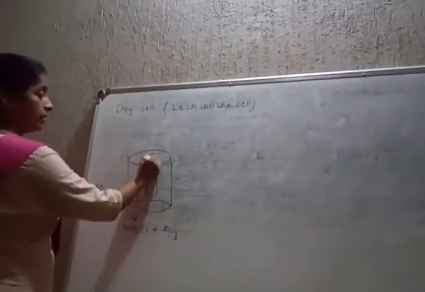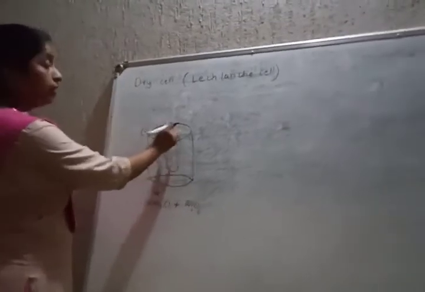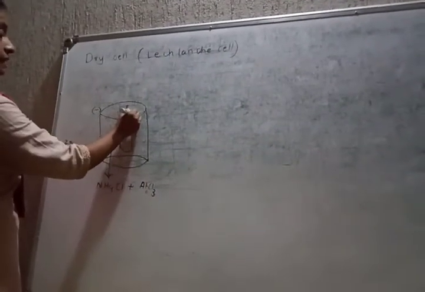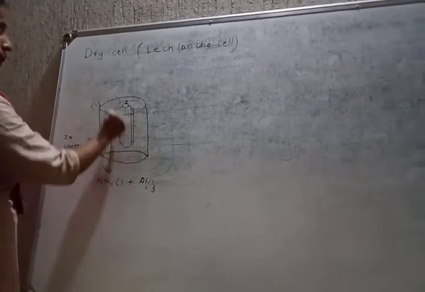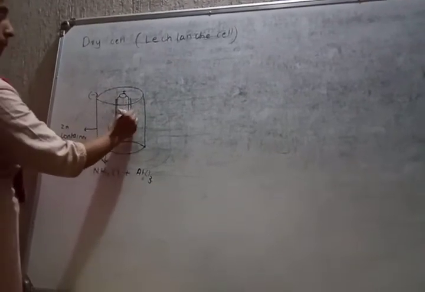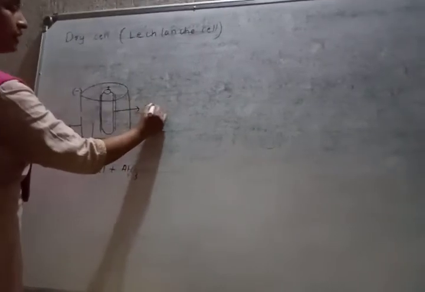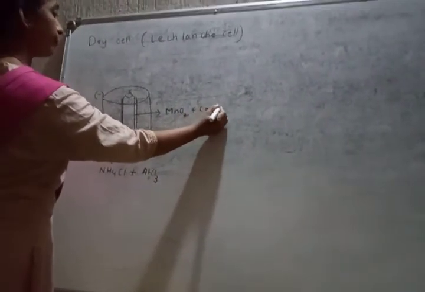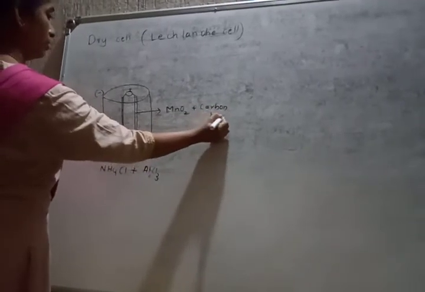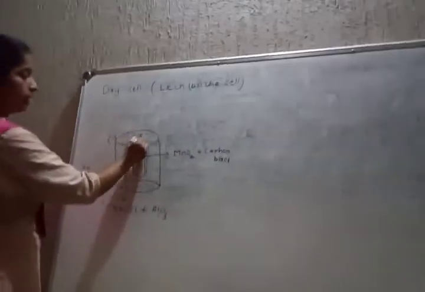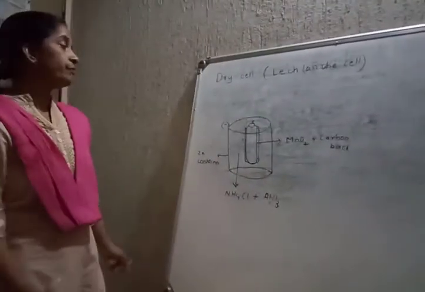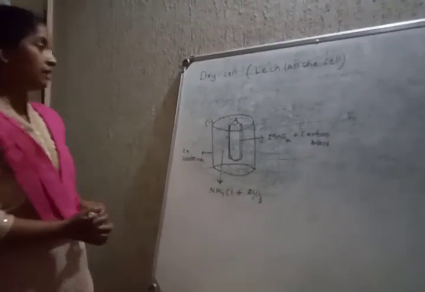The graphite which acts as the anode here is surrounded by manganese dioxide and carbon black. This is the assembly here. Okay. So what is a dry cell or a Leclanché cell?